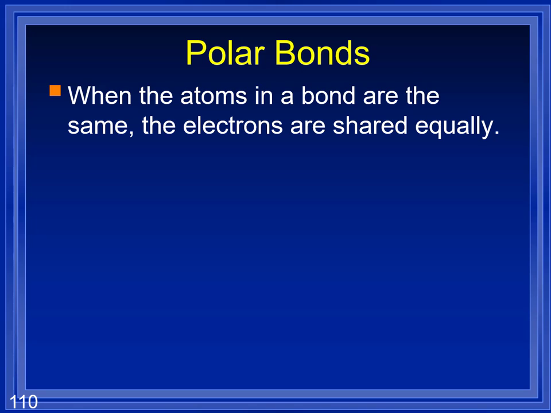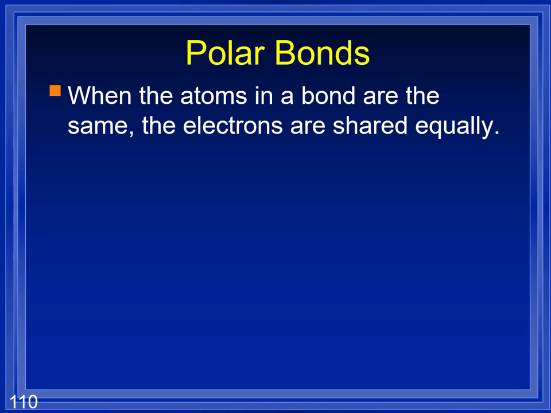If I put together two Fs, those Fs both want those electrons equal amounts. So they're going to pull on each other's electrons just as hard as they pull on their own, and everybody's going to share perfectly. You have two of the same atoms, they're going to share perfectly because they're pulling equally hard on the electrons.